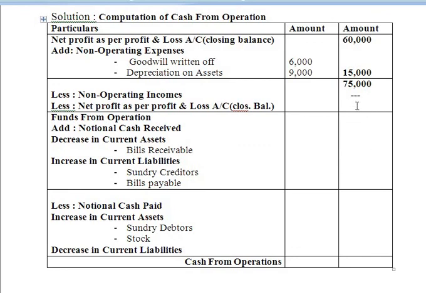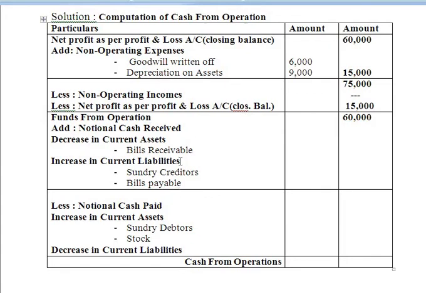So 75,000 minus 15,000, balance will be 60,000. So this 60,000 is funds from operations.